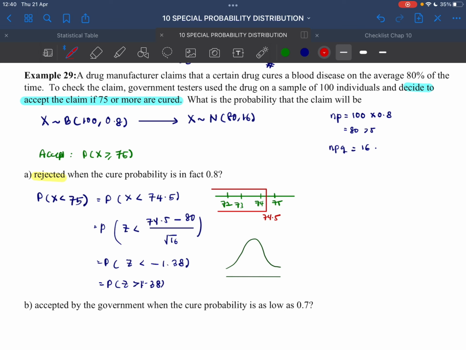Here is negative 1.38. Okay, here is 0. So Z less than negative 1.38 is here. Okay, which is this area is the same as this one. We shift here. Is the same as this area. So we can just take 1 point Z greater than 1.38. Okay, so you look at your table, you should get the answer 0.0838.